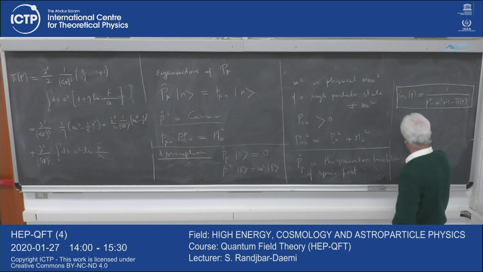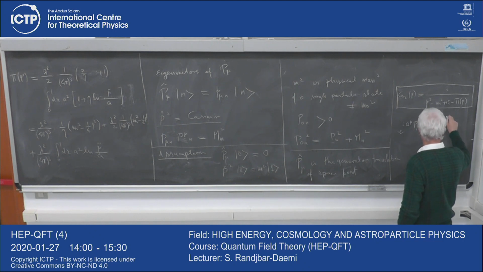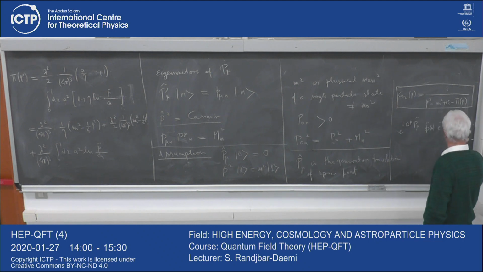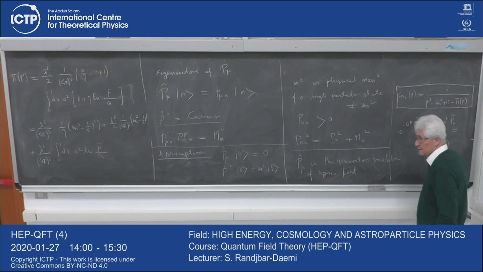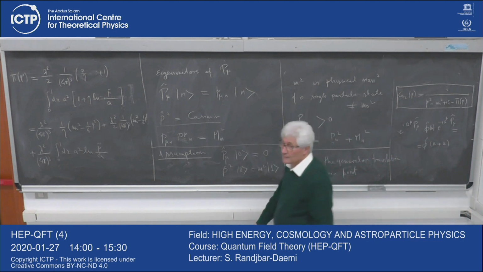Written in terms of operators, this means that exponential of i a mu p mu, acting on the field phi hat of x, times exponential of minus i a mu p mu, takes you from point x to point x plus a. That's the meaning of that.